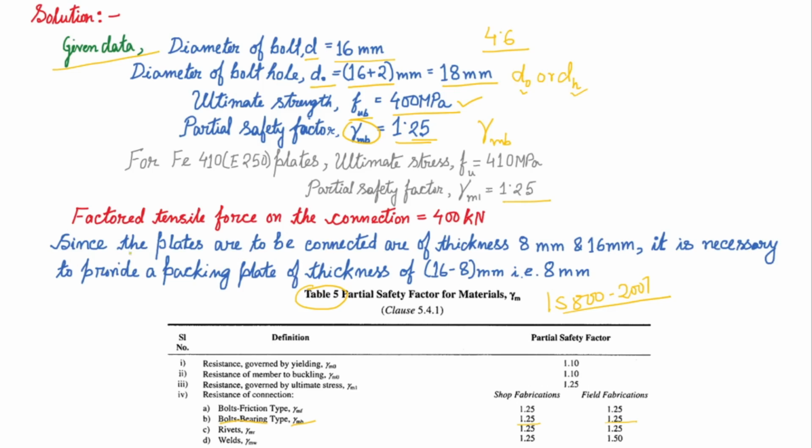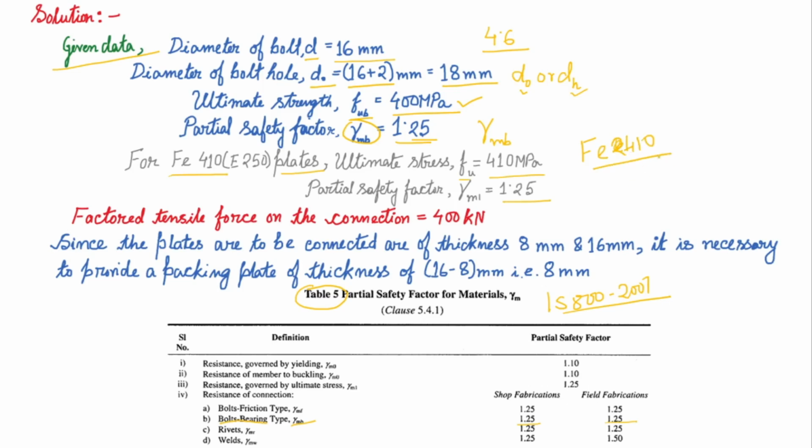Next, for FE 410 or E250 plates, ultimate stress FU is 410 MPa. Here the grade of the plates are also not given, so we have assumed that the grade of the plates which are to be connected in the joint is FE 410.